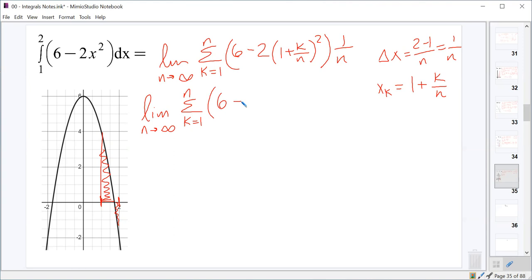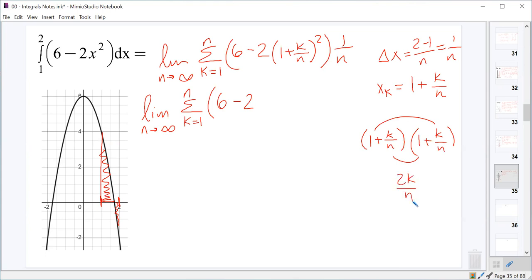So if I had 1 plus k over n squared, right, that's going to be the same as 1 plus k over n times 1 plus k over n, obviously. And the 1 times the 1 is just 1. If I multiply that by a negative 2, that's minus 2. And then I'm going to have the 1 times the k over n, the other 1 times the k over n, and another k over n is 2k over n. So I've got 2k over n there.